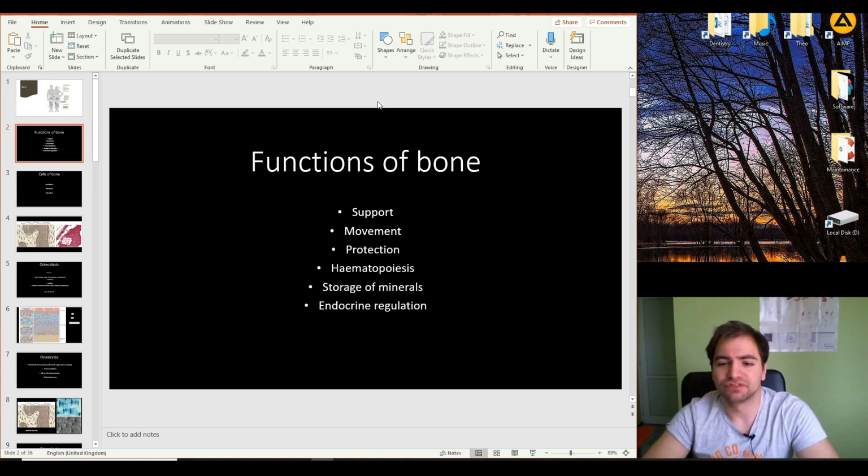One of the most important functions of the human bone is that it stores minerals. In fact, it stores phosphate and calcium, and these two ions, especially calcium, play a major role in the endocrine system, calcium metabolism and hormonal function, because calcium is not just any ion. It's an ion that also controls cell movements and cell functions.